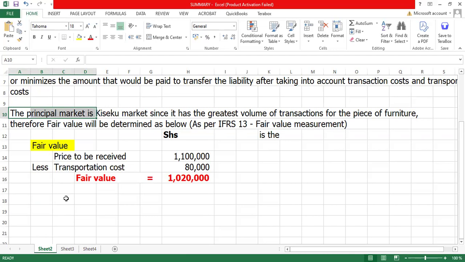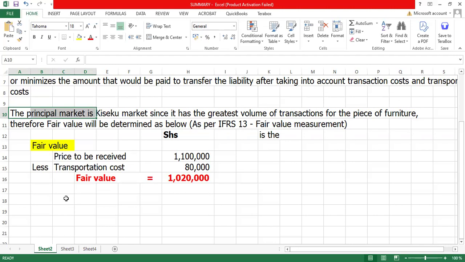You already know where your market for that asset is. You don't need to incur transaction costs. Remember, these transaction costs are like the costs you pay to brokers, so that they can get a market for your commodity or for your asset.